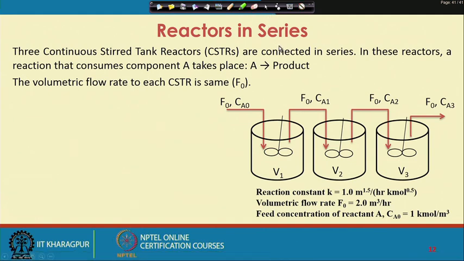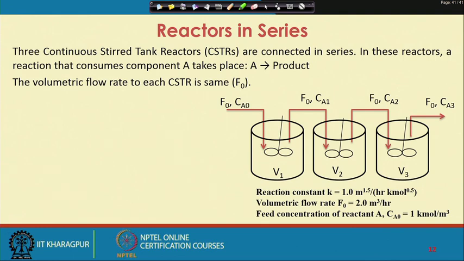The reaction constants k are given, the volumetric flow rate is given as 2 meter cube per hour, that is the same for each reactor. Feed concentration of reactant A is 1 kilomole per meter cube. So, what is known is the reaction constant, the flow rate of the streams to each reactor, and the feed concentration to CSTR 1.